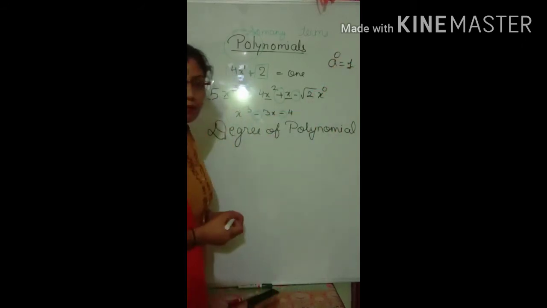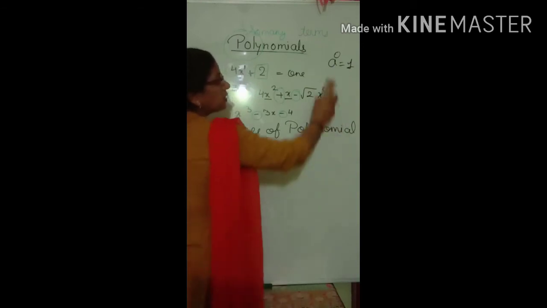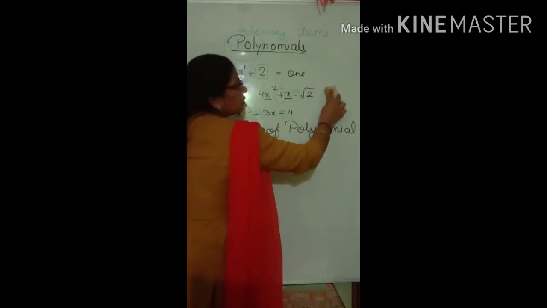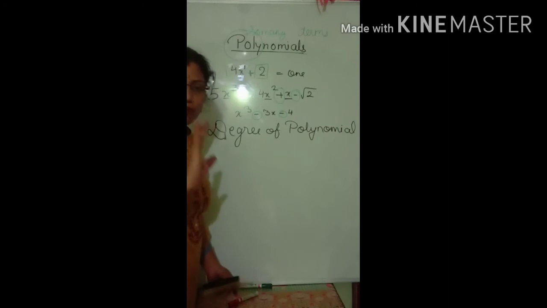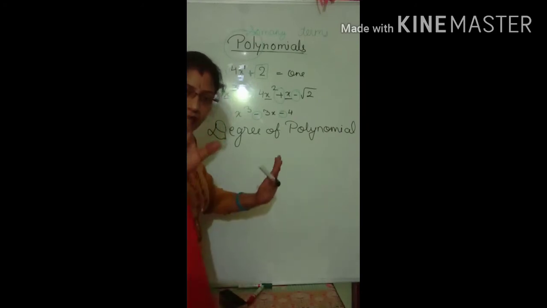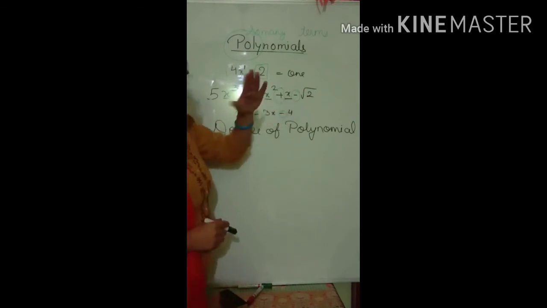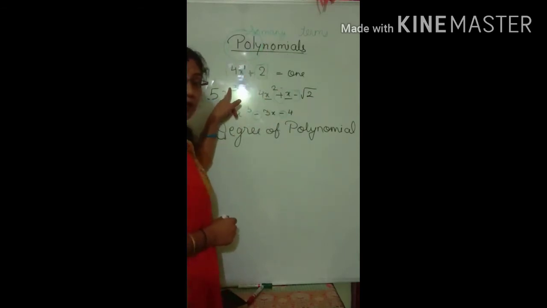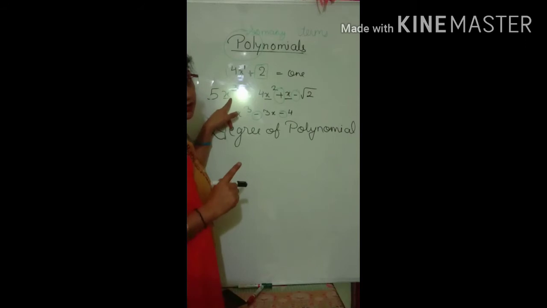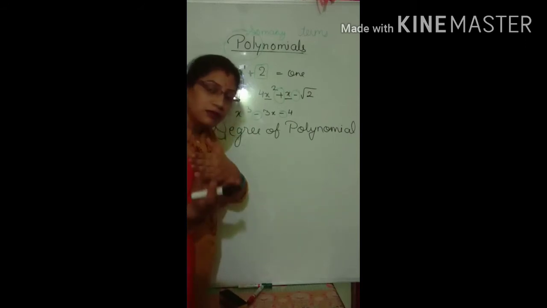You have already read this in exponents and powers. Something raised to the power 0 is 1. So root 2 into 1 is root 2. Therefore, x to the power 0 is never written. So this is a constant. What is the maximum power here? 3. So the highest degree is 3. What is the degree of this polynomial? The degree of this polynomial is 3.